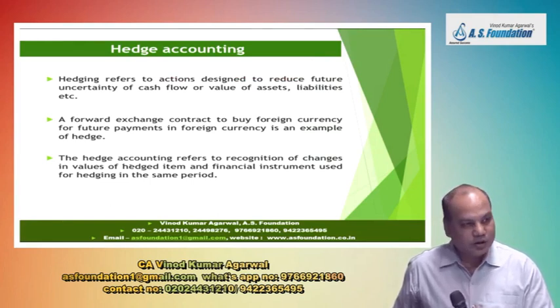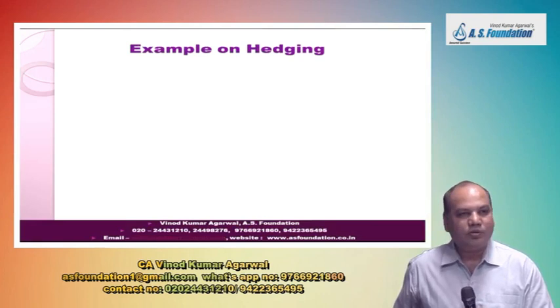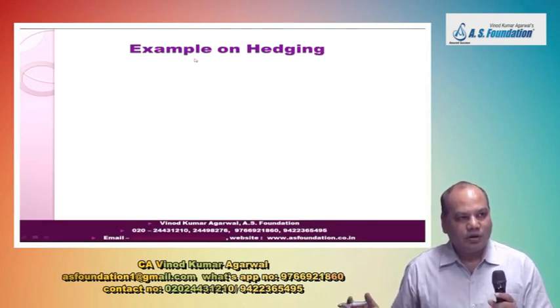So there is a note written there. Hedge accounting refers to recognition of changes in the value of the hedged item and the financial instrument used for hedging in the same period. We try to bring both the hedged item and the hedging instrument in the same period in the P&L account or in OCI.